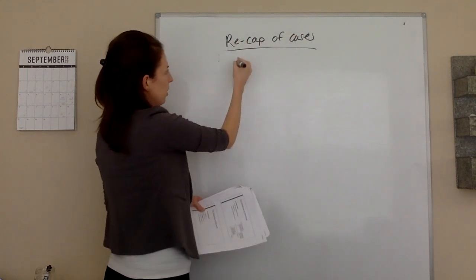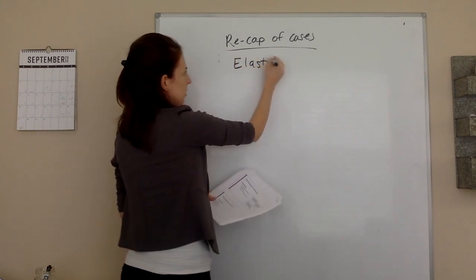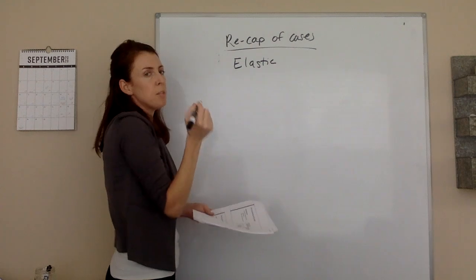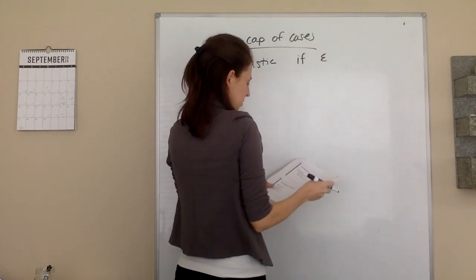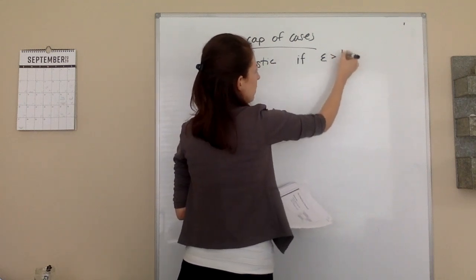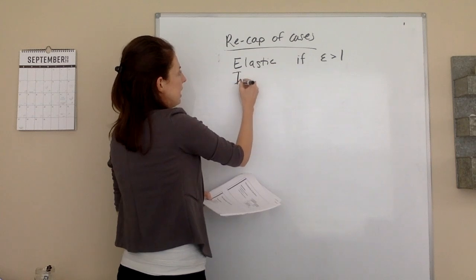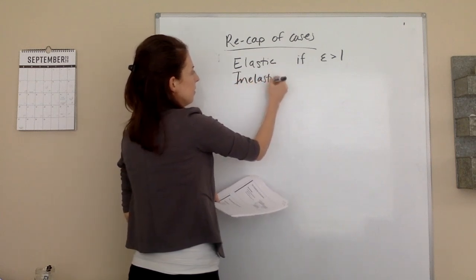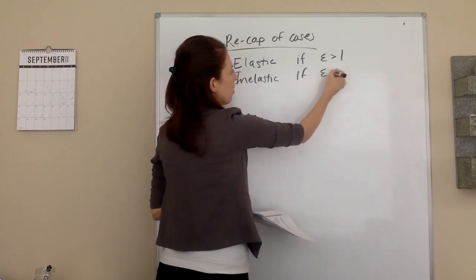Okay, first of all, a demand will be elastic if, when you calculate the elasticity of demand, you get a number that's greater than 1. You'll have an inelastic demand if, when you calculate elasticity of demand, you get a number that is less than 1.